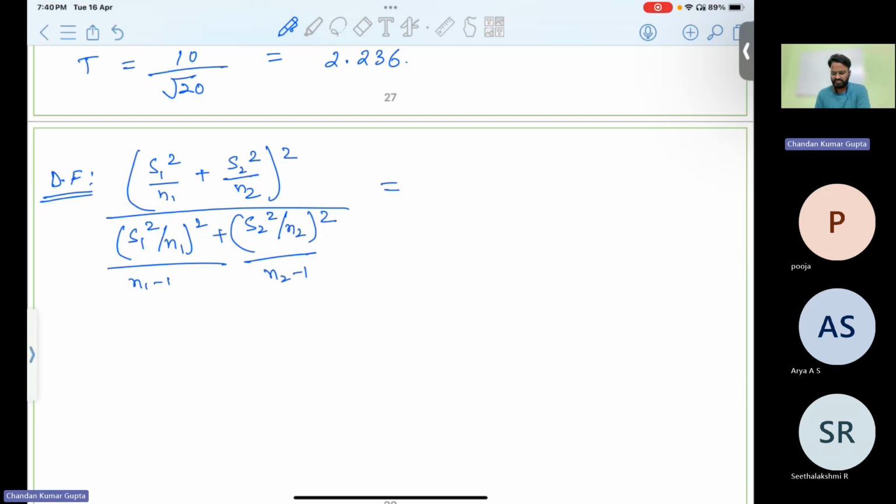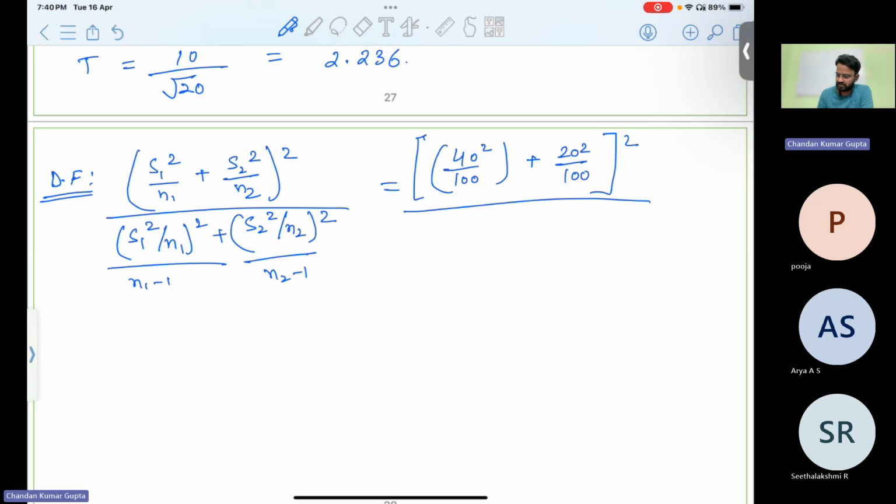After solving, just put all the values: 40 square upon 100 plus 20 square upon 100, whole square, divided by (40 square upon 100) whole square upon 100 minus 1, plus again (20 square upon 100) whole square upon 100 minus 1.